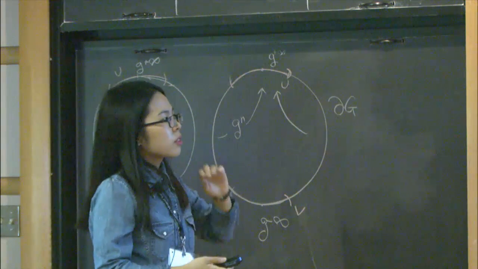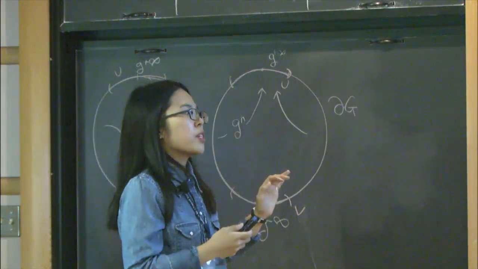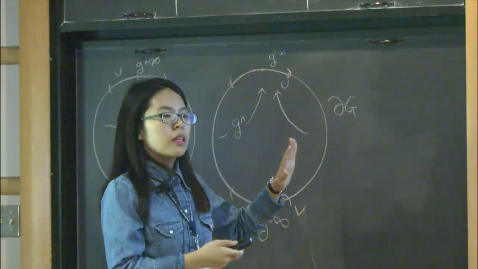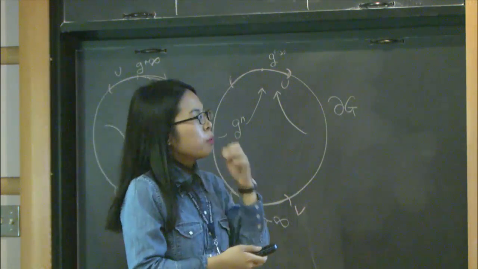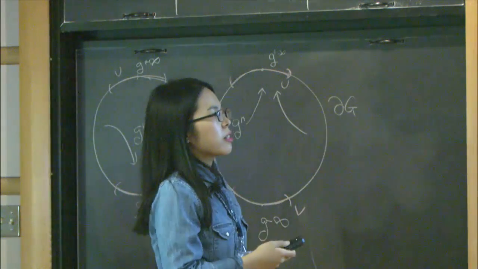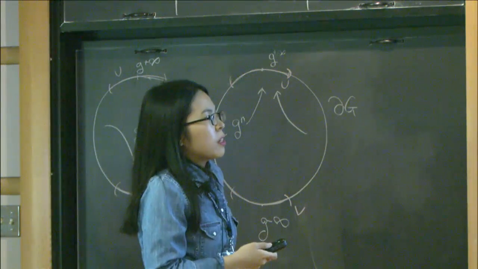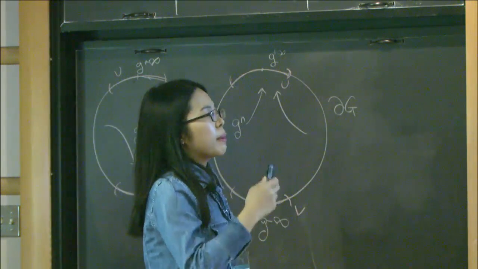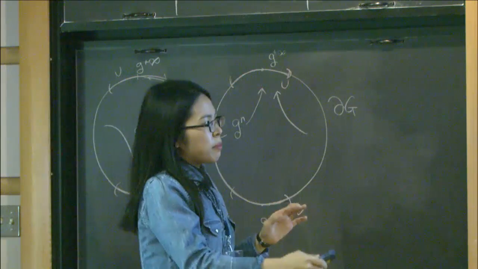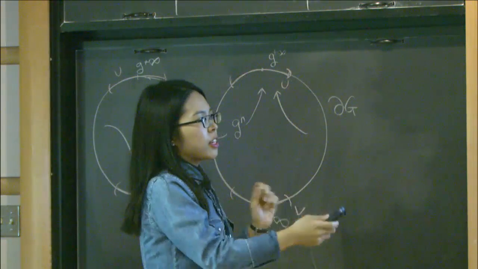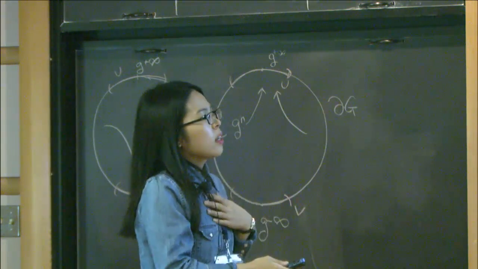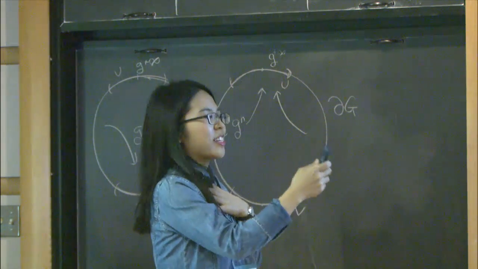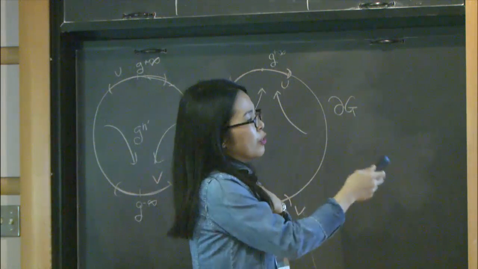So to get some information about the group, we need one more lemma, which is the Ping-Pong Lemma. We did it by a more general statement. Let G be a group with a group action on a set X, and let A and B be two non-empty subsets of X such that neither is contained in the other. Suppose two subgroups H and K satisfy two conditions.